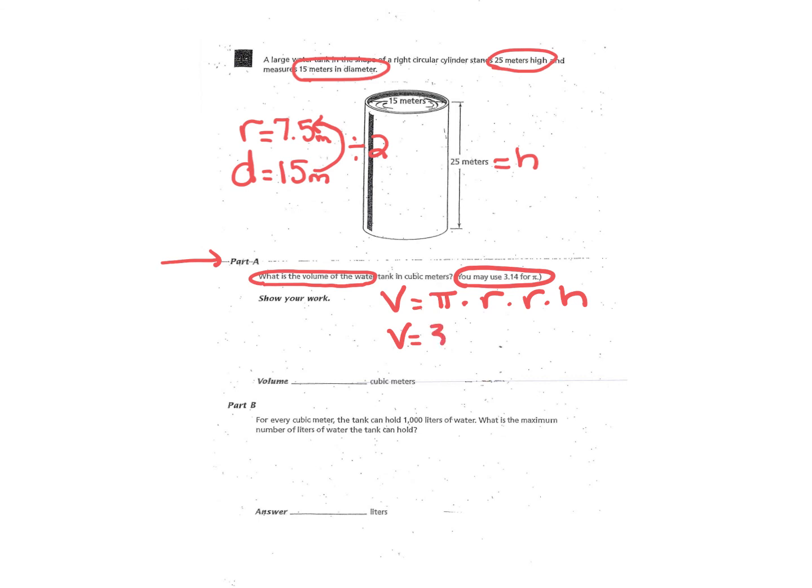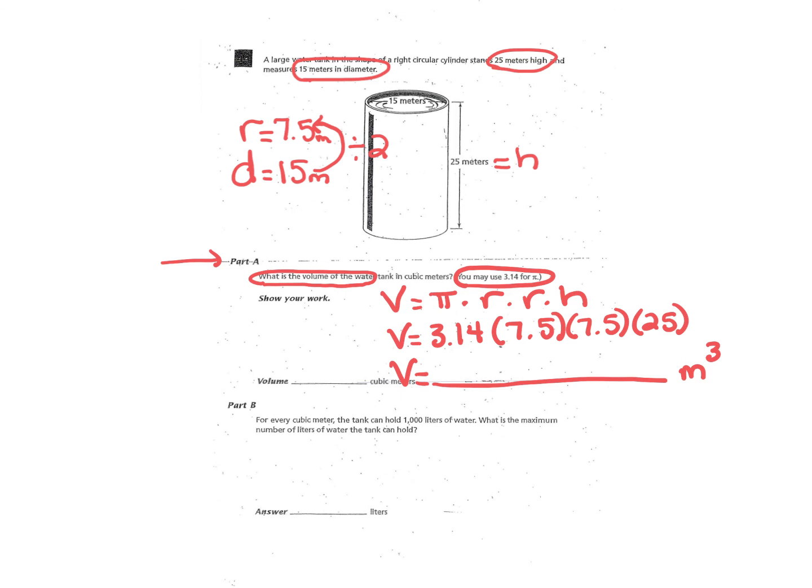And this time we'll use 3.14 times a radius of 7.5 times 7.5 times 25 meters in length. Go ahead and multiply and write the entire value down. We haven't been given any instructions to round, so do not round.